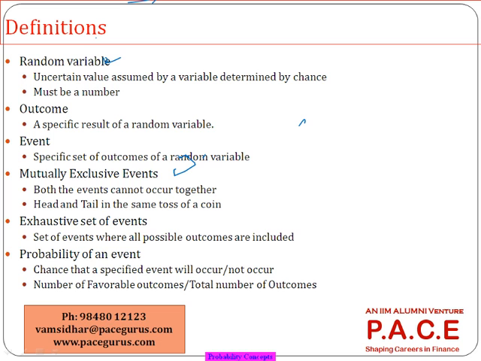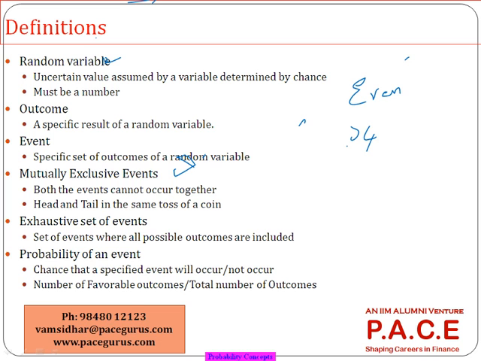But if I say event A is getting an even number, and event B is getting a number greater than 4, they are not mutually exclusive, because if an even number occurs, there is a good chance that it might be greater than 4 also.